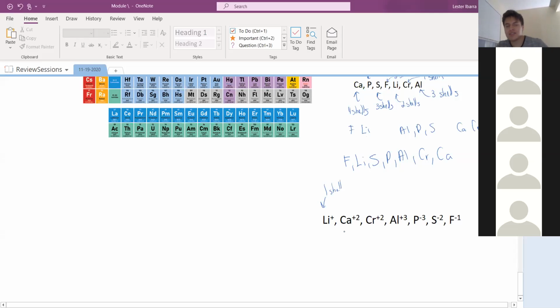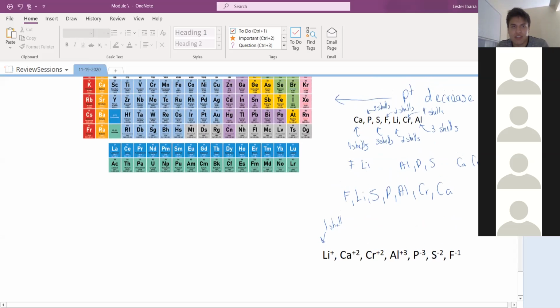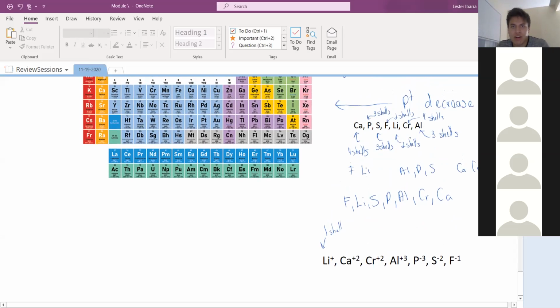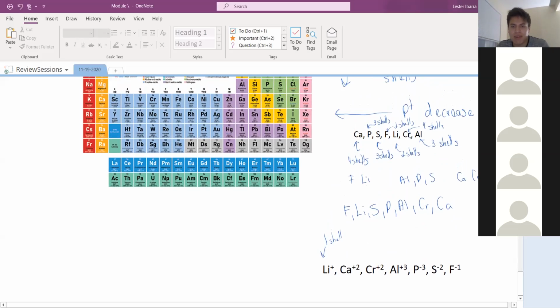If I look at calcium, calcium is supposed to have 4 shells. But if I have a +2 charge, it becomes argon. Therefore, how many shells does it have now? 3 shells.